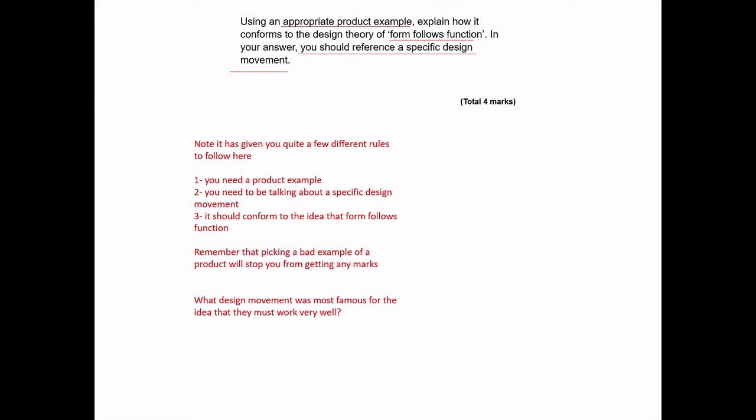As I said, you need to talk about a specific design movement. Now, there is one design movement I've gone through in this video already that specifically has form follows function as its mantra. And then obviously you've got to make sure that they conform. Right, 4 marks. Pause the video. Give yourself 4 minutes, and we'll look at the answer.